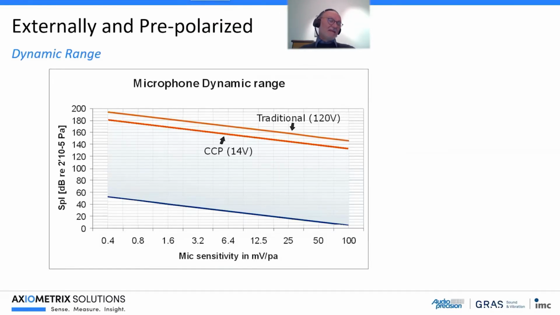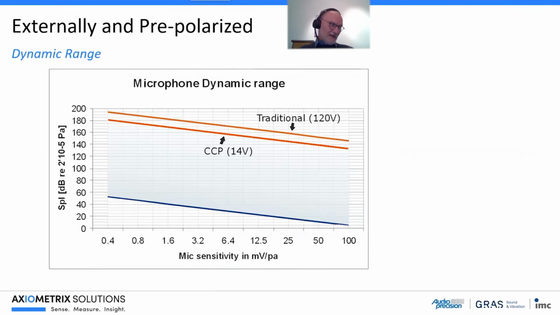For a CCP amplifier, which we normally use together with an electret or pre-polarized microphone, the supply voltage is much lower, around 14 volt.